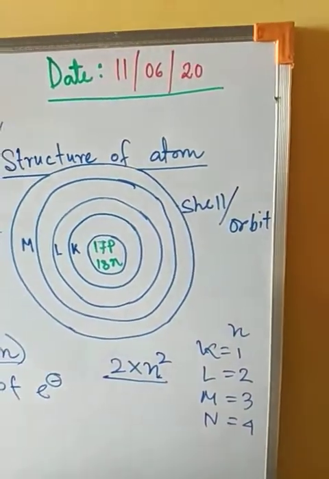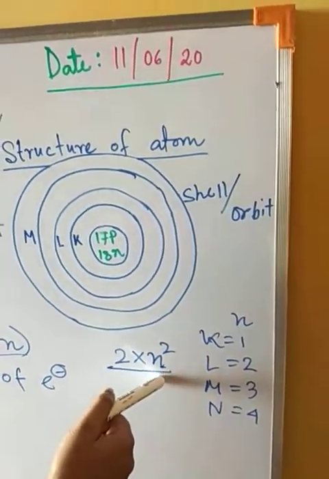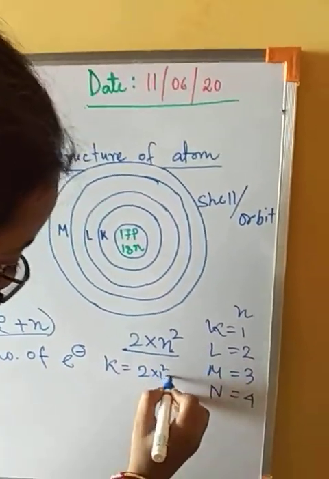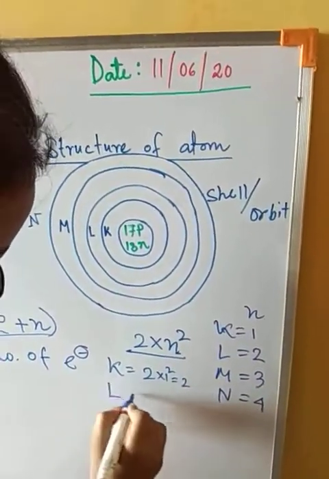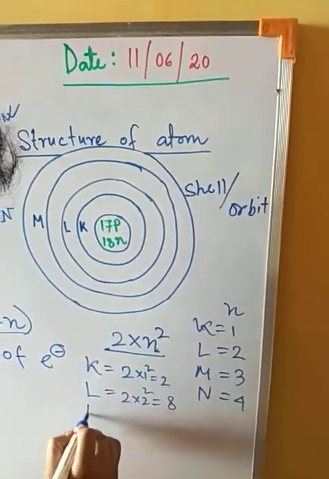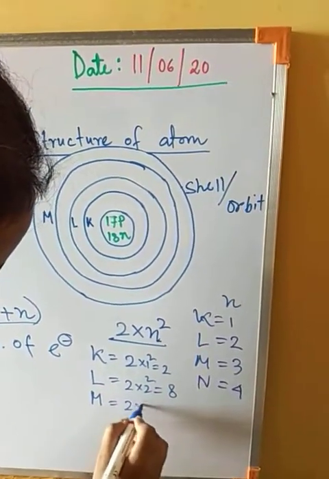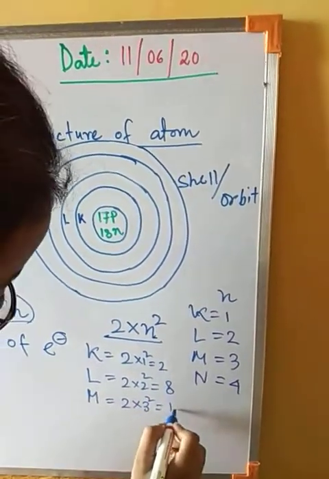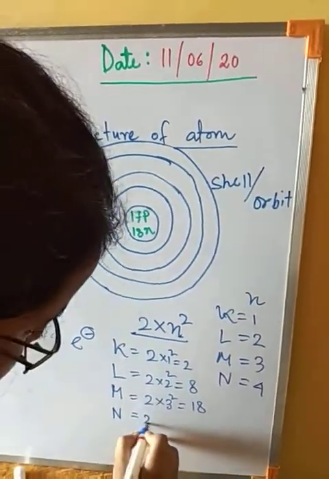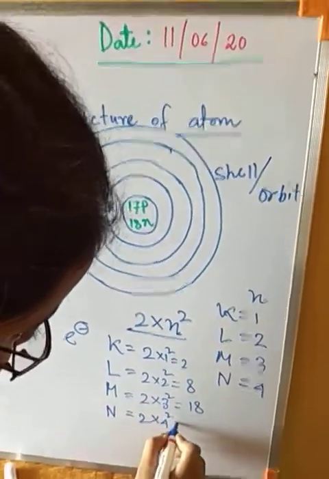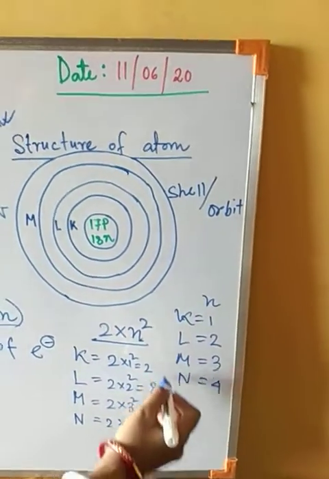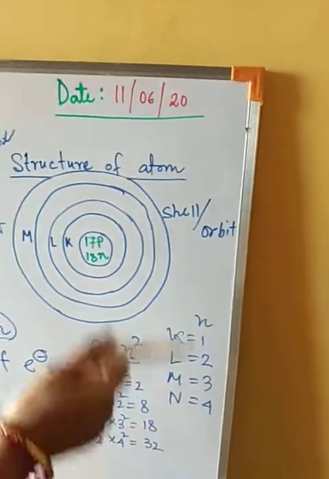Now if we put the value of n, for K shell we get 2 into 1 square, that is 2. For L shell, 2 into 2 square, that is 8. For M, 2 into 3 square, that is 18. For N shell, 2 into 4 square, that means 2 into 16, that is 32.